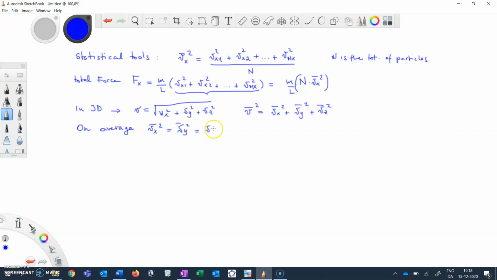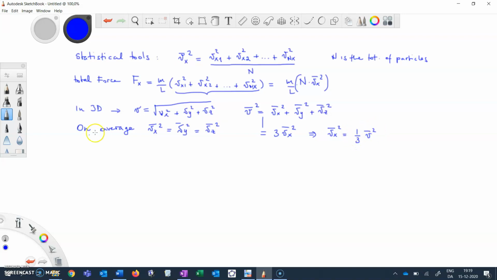And it's not totally an assumption, because if you have an enormous amount of molecules moving, the average of the speed in one direction squared is really the same in all the 3 directions. So this means that v bar squared is 3 times, for example, vx bar squared. So vx bar squared is a third of the average speed squared.